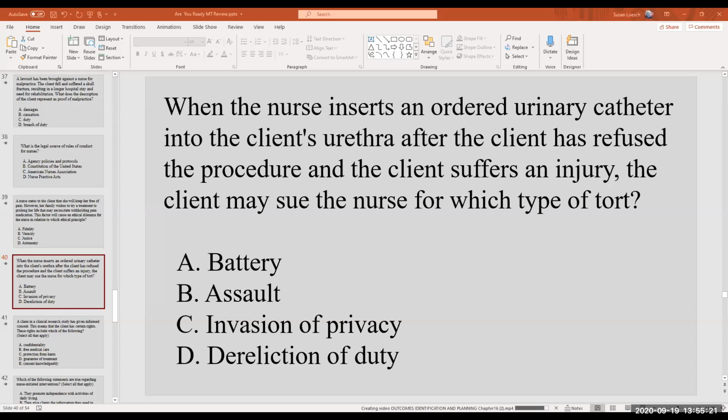Now, let me see this dereliction of duty, what this entails. That's actually not in your book, it doesn't look like. But I suggest, say, failure through negligence to perform a duty.